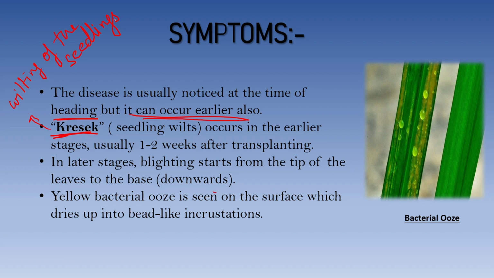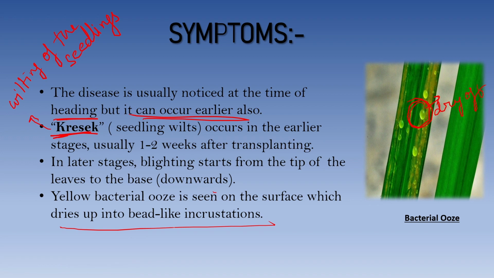So the next symptom that is seen is the yellow bacterial ooze. Here we can see the ooze. This is the fresh ooze. This is the crystallized form or the dried part of the ooze. When it dries up, it occurs as bead-like incrustations.